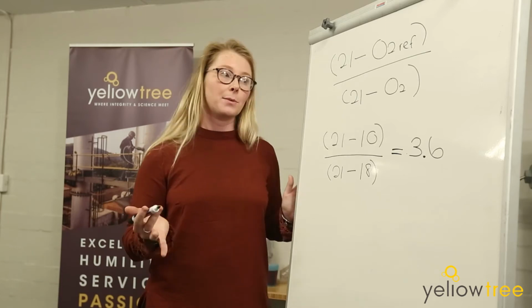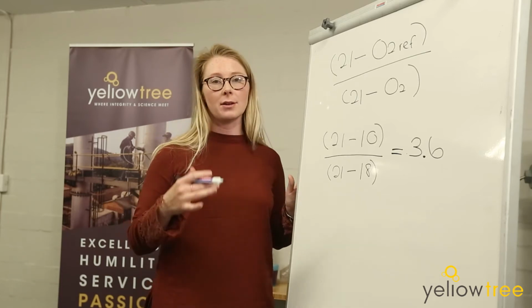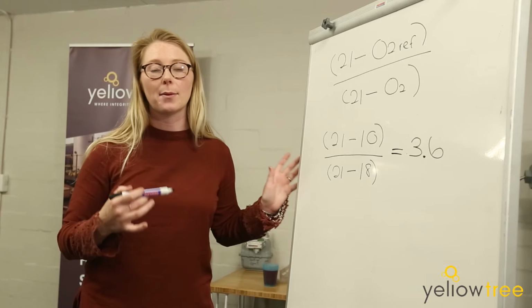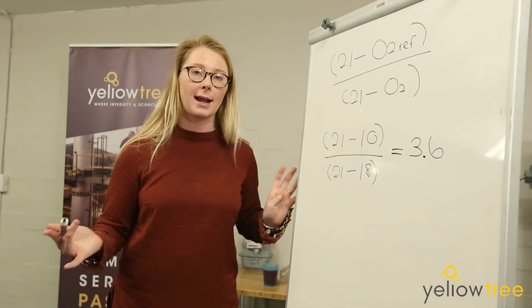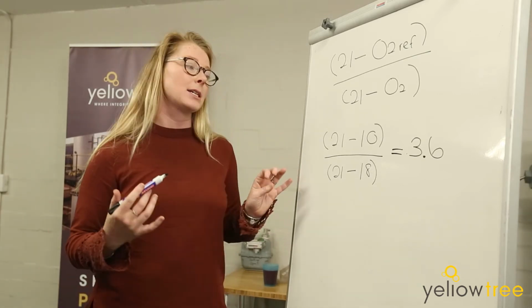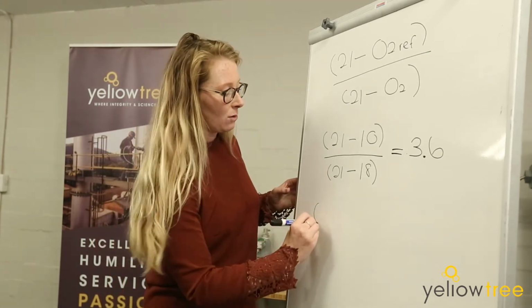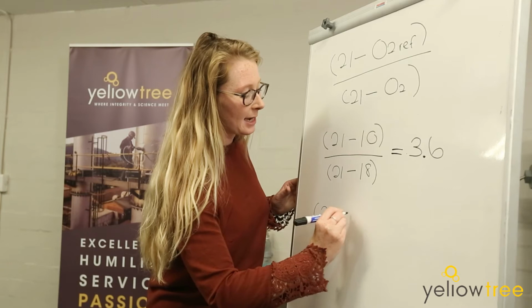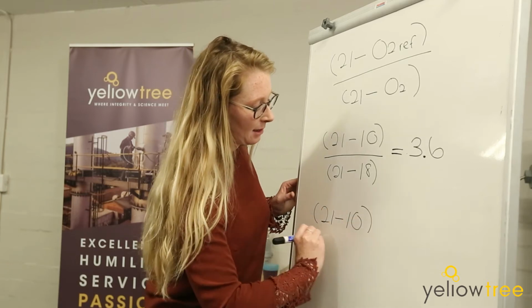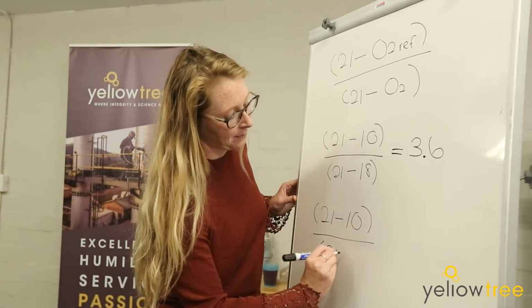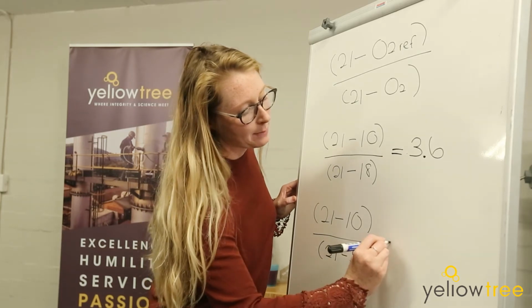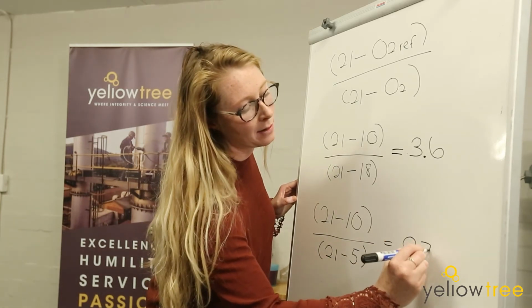Oxygen references also work the other way around. Say for some reason the boiler is operating incorrectly and we are only measuring an oxygen concentration of 5%. What happens to this factor is it becomes less than 1.